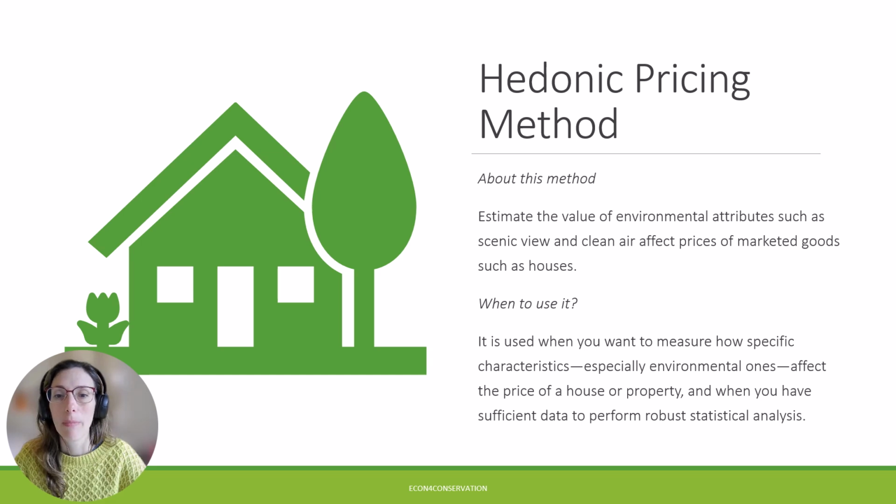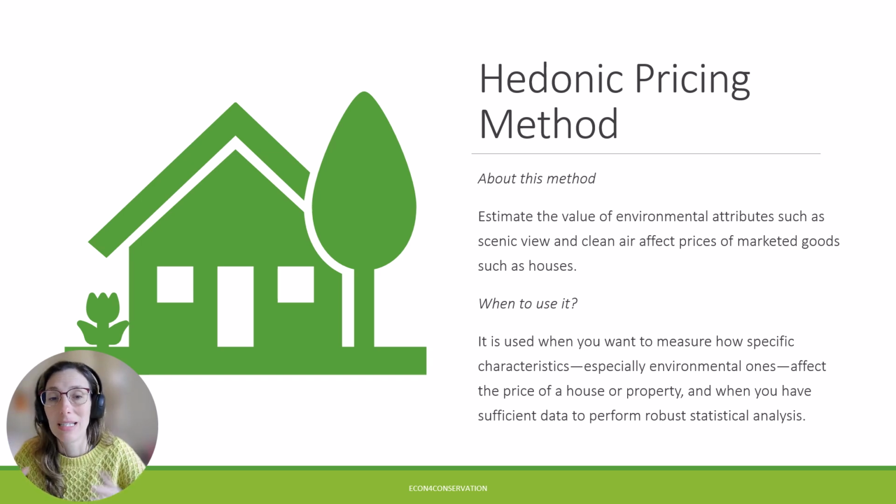When using this method, it's important to consider all relevant market participants. So to be clear, hedonic price is typically applied to the entire market for certain goods, such as houses, sold in an area, not just those that purchase a certain feature or experience a particular environmental amenity.